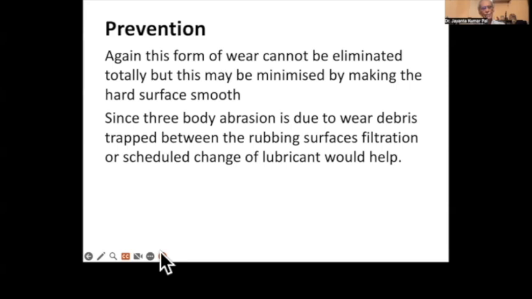That way we can reduce two-body abrasion quite a bit. But three-body abrasion must be taken care of by filtration. Otherwise, there is no other way. The trapped debris will keep on wearing the surfaces.